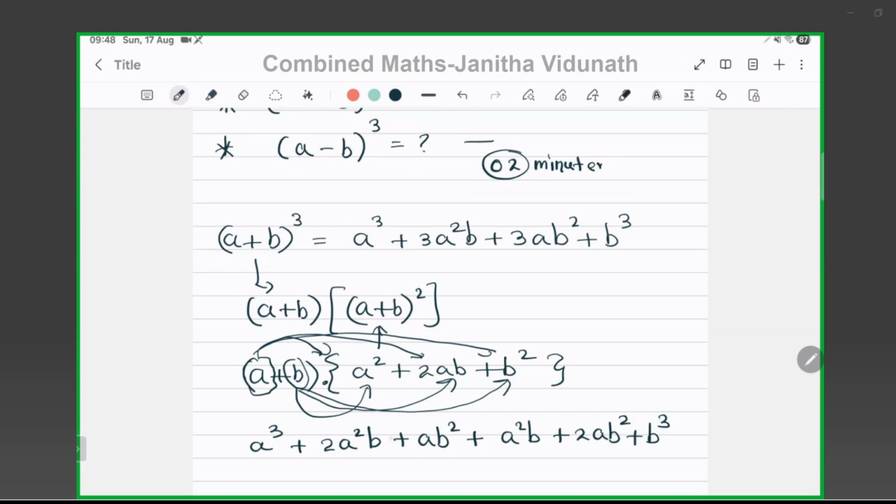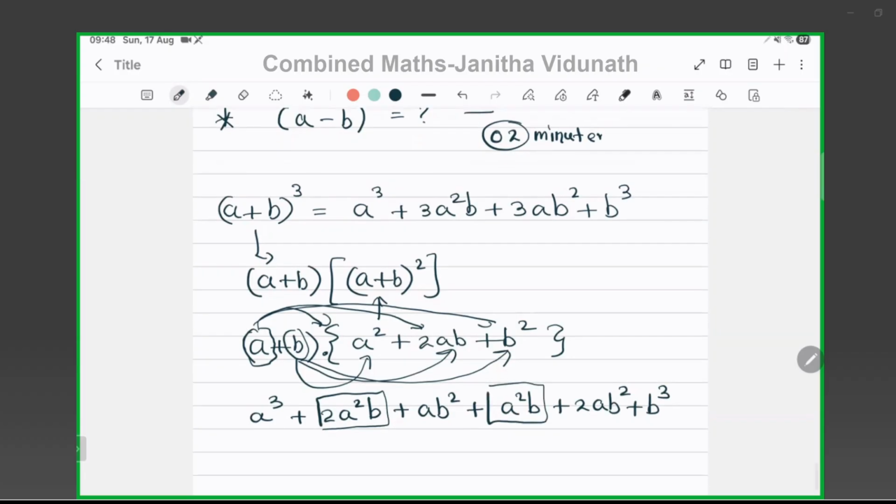Then these terms: this a square b term, and there is another a square b term, and here a times b square term, and here also a times b square term. By adding these two terms, we get 3 times a square b, and adding these two terms, we get 3 times ab square.